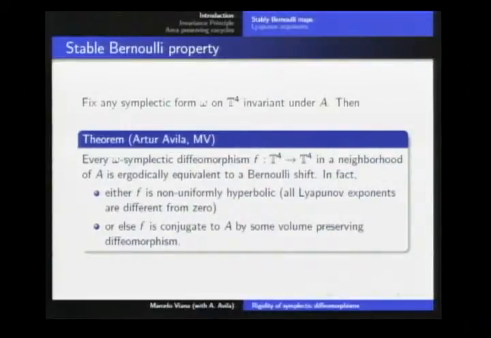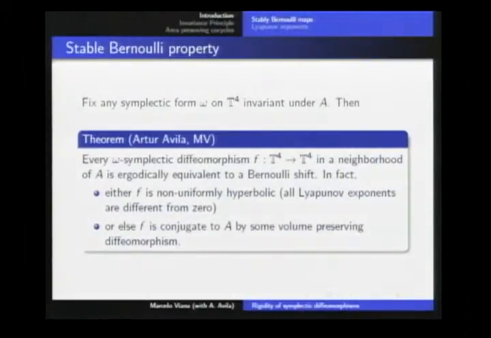Now, I have to explain that a little bit more because there's an assumption. I'm going to fix any symplectic form on the torus which is invariant under A. With my assumptions, there always is a symplectic form invariant under the map. I choose one, and I fix it once and for all.